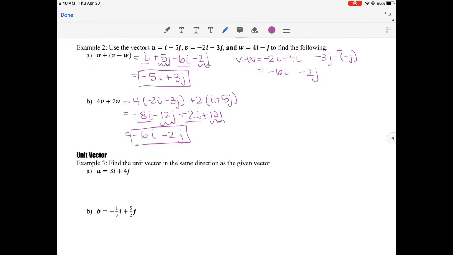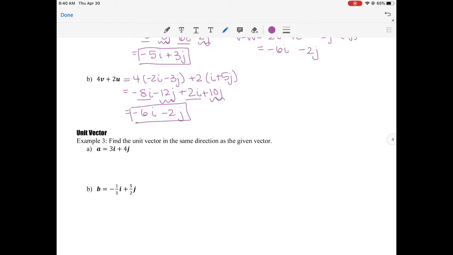Okay, so now let's talk about the unit vector. Some steps for the unit vector, if you want to think about it, is first find the magnitude. So if we find the length of the vector, then what we can do is divide each component by the magnitude.